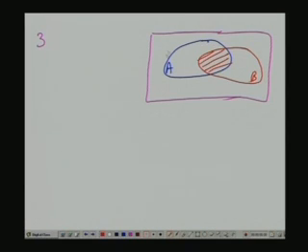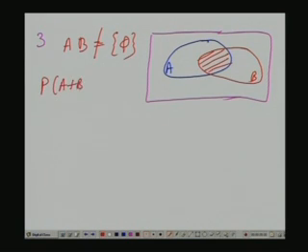Total is A plus B. So, here A and B are not mutually exclusive, that is given. In that case, the question is what is P(A plus B) equal to? So, this is one formula we have to derive.